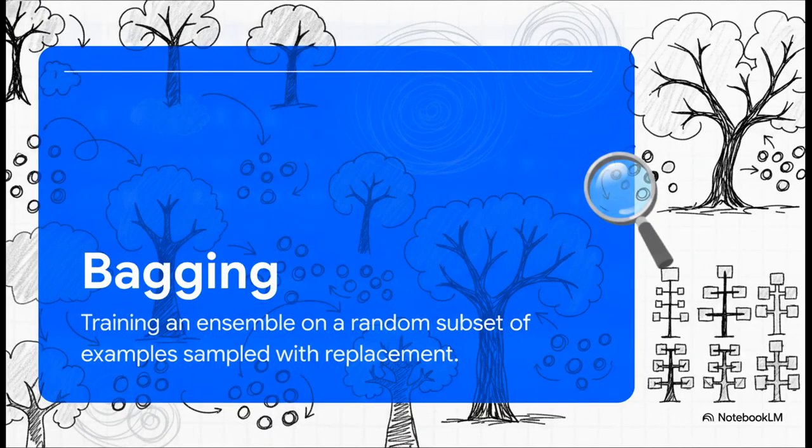This totally unique sampling technique is the beating heart of a concept called bagging, which is short for bootstrap aggregating. By training each model on a random subset of examples sampled with replacement, you are intentionally injecting random noise into the models. It's the core of a random forest, ensuring no two decision trees look exactly alike. This makes the whole forest so much more resilient to new data.